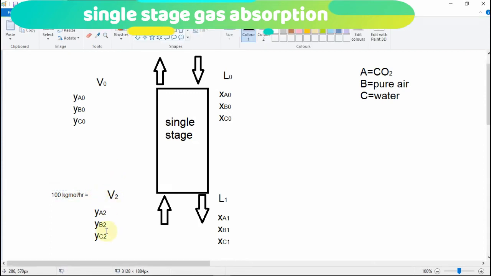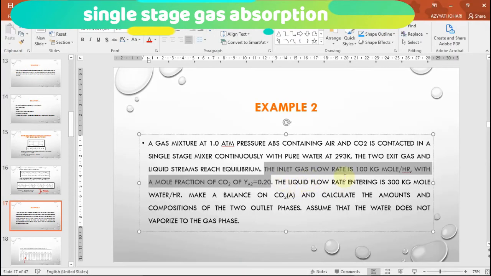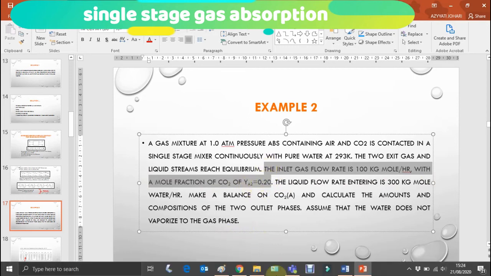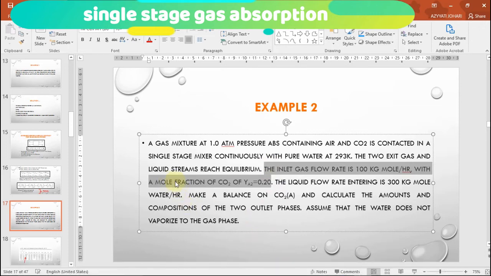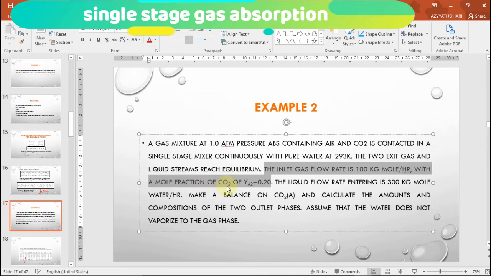And next is with a mole fraction of CO2 0.2. In the same sentence, this fraction refers to the fraction contained in the inlet gas flow rate. So they give you the mole fraction of CO2, which is 0.2.